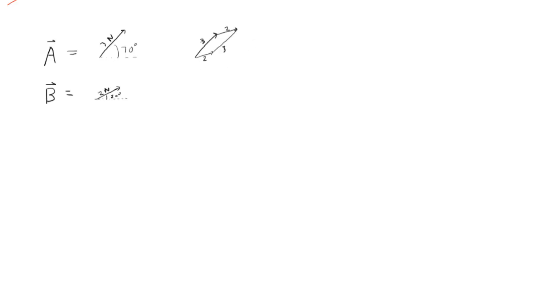The vector that runs from this point, which is where the two tails start, to this point, which is where the heads meet, is the sum of the two vectors. So C, which equals A plus B, is this vector right here.